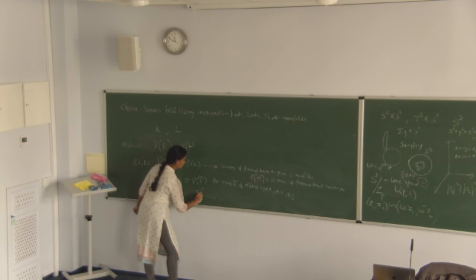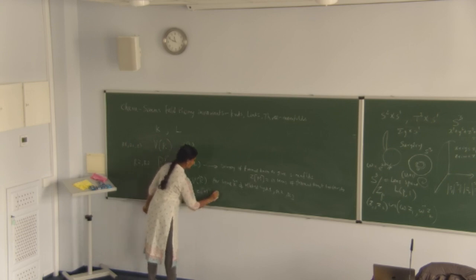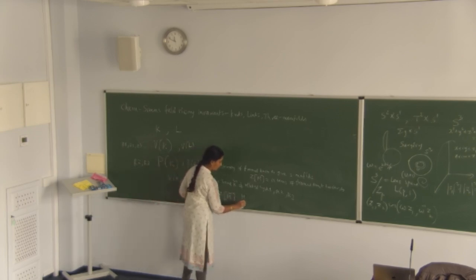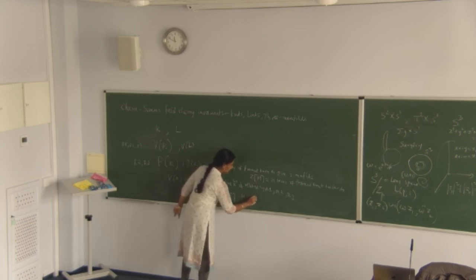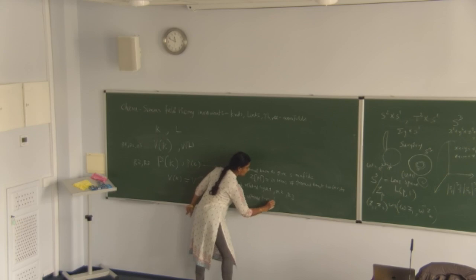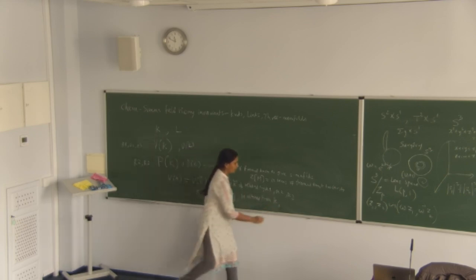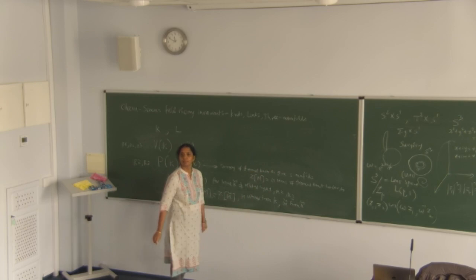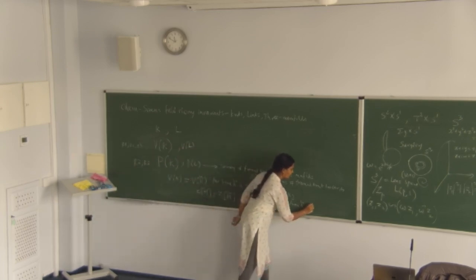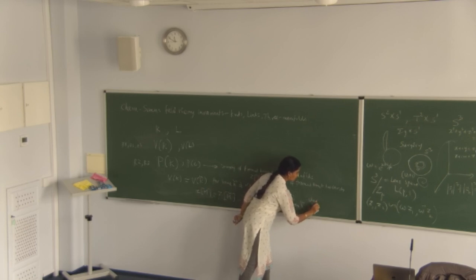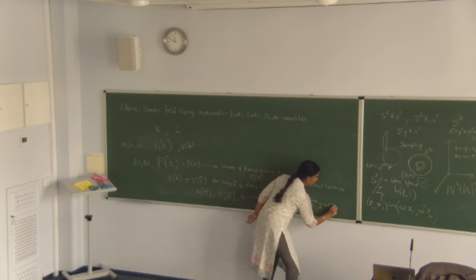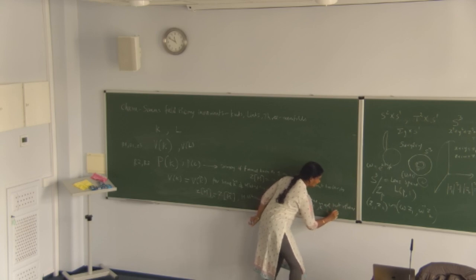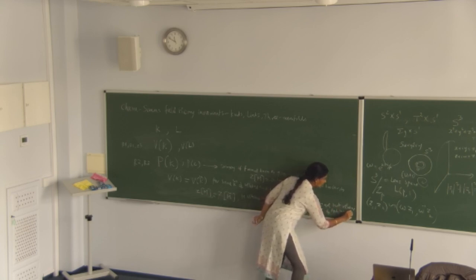Similarly, Z of M obtained from K and M tilde obtained from K tilde, where K and K tilde are not related by Kirby move 1 or 2.